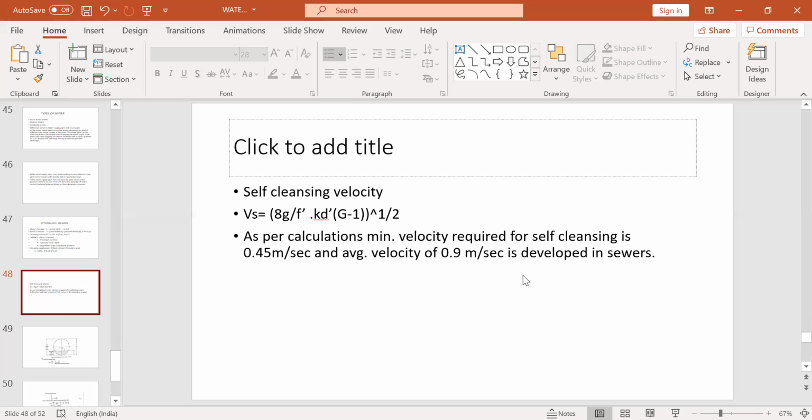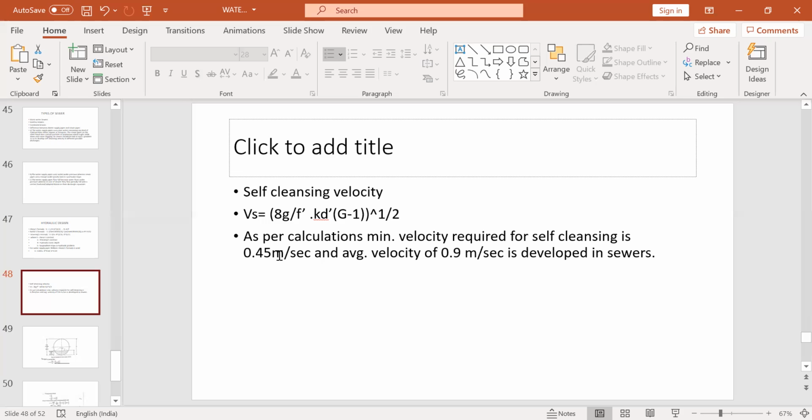So now there is a table of sewers that we have provided for what is the non-scouring velocity, what is the minimum velocity. So minimum velocity that will be developed in the sewer is 0.45. You cannot have velocities lesser than this, otherwise silting will start.